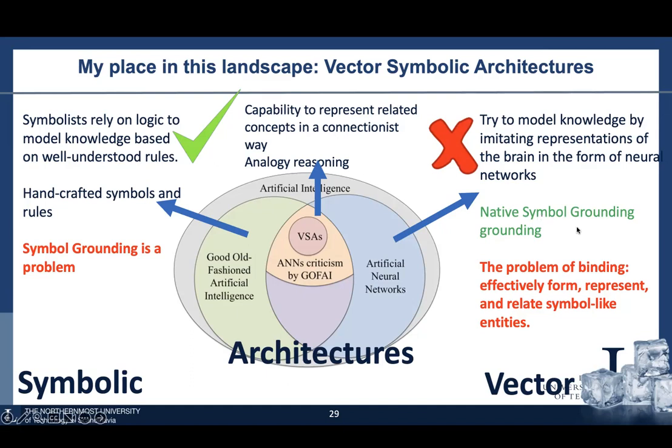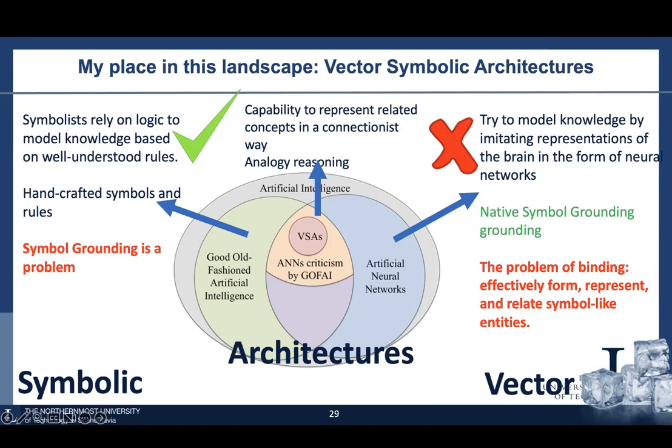On the other hand, neural networks don't have this problem. They solve the symbol grounding problem right away because of the way we train neural networks, with the representations inside the network directly connected to the phenomena that we observe.